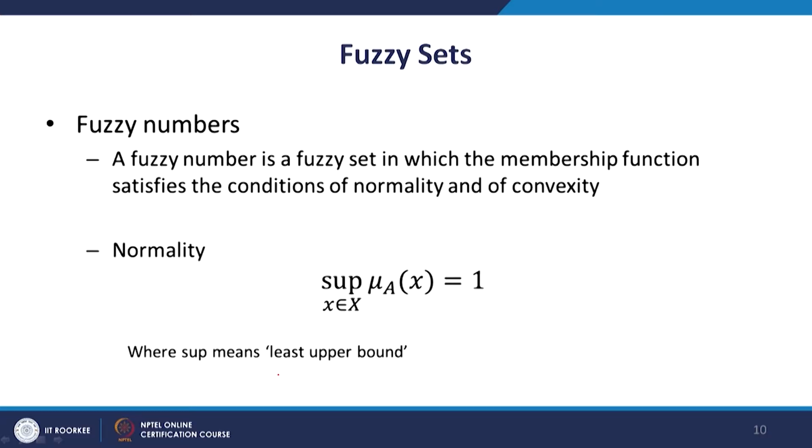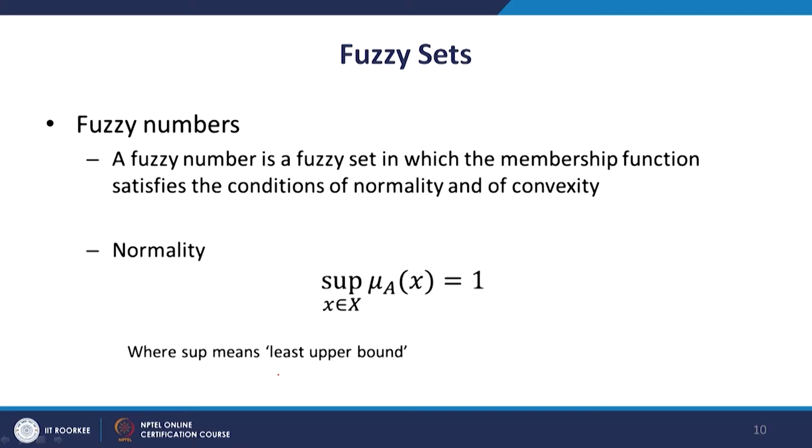Mu A is the membership function that we have already talked about. For any element x, if we apply this function mu A, the value of mu A of x, and we take the sup of this value, given x belonging to capital X, then this value should be 1.